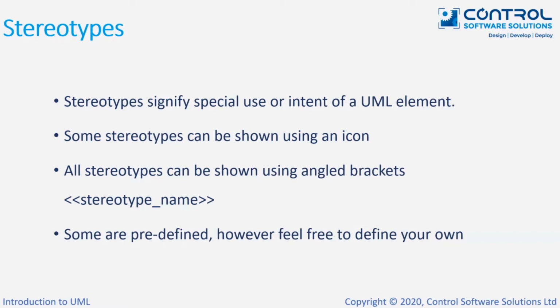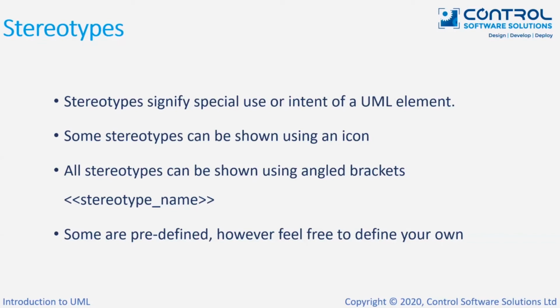But in general, if there isn't an icon, or even if there is, but you want to reduce the size on your block diagram, for example, you can just represent the stereotype by showing the stereotype name inside angle brackets like I've shown there. There's lots of predefined ones that we can use, but you can define your own, as long as you're able to communicate to your project team what the stereotype indicates. You can apply a stereotype.